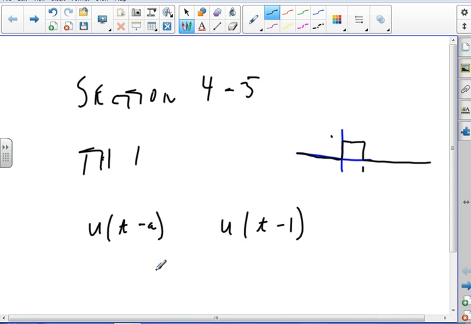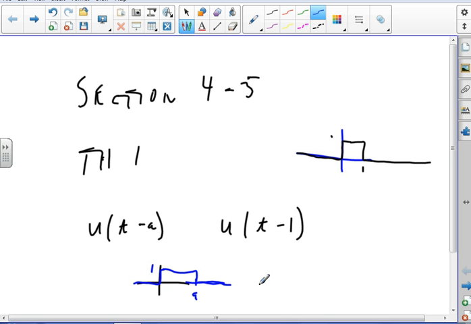So if I have u of t minus a, that's a function that's 0 until I get to a, then it goes up to 1 and stays there. So that's what a unit step function is.